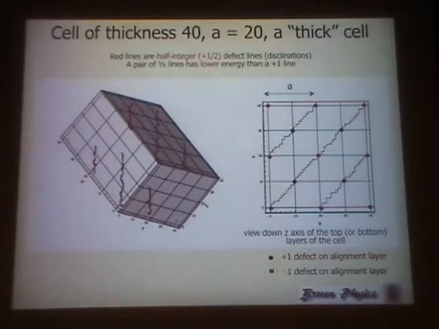So remember, we have a +1 and a -1, but it may not be so obvious from the way this visualization is drawn, but those lines are coming out, and they're just going like a half a lattice spacing underneath the alignment layer, and then joining these points on the same pattern surface.